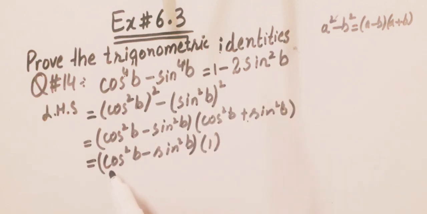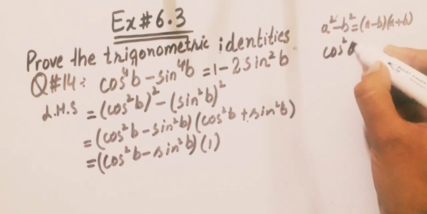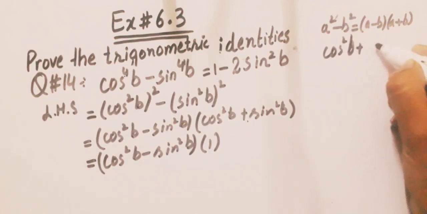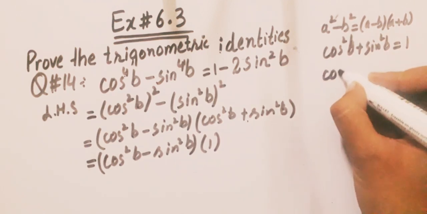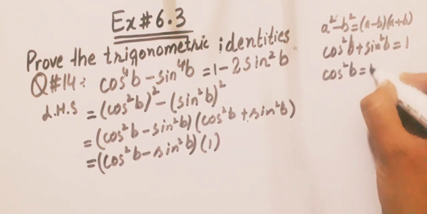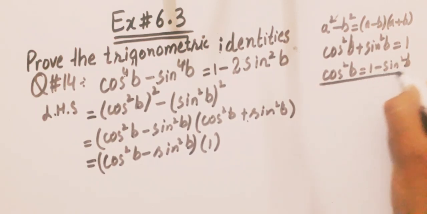So we know that cos square b plus sin square b is equal to 1. So cos square b is equal to 1 minus sin square b. We will substitute this value here.